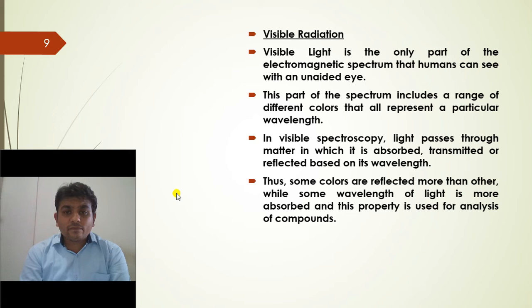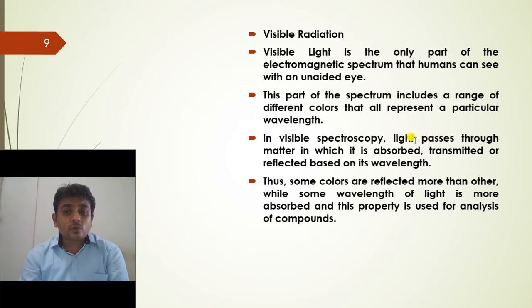Next, going through the visible radiation, visible light is the only part of radiation, as we know, that we can see. Now, this includes different kinds of colors, that is VIBGYOR: violet, blue, green, orange, red. These are basically different types of colors which can be seen by our naked eyes.